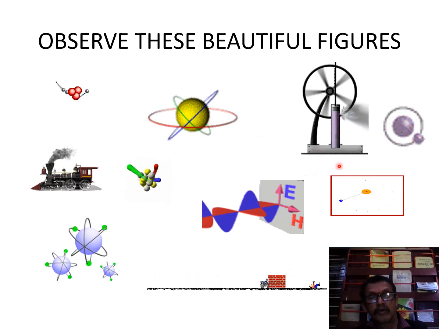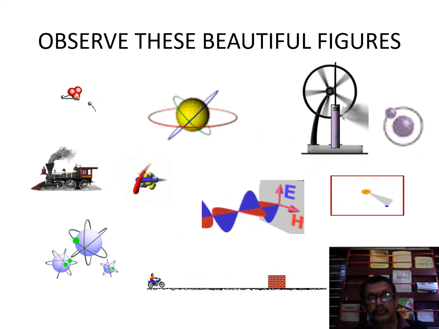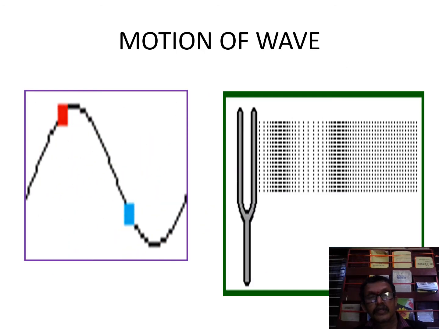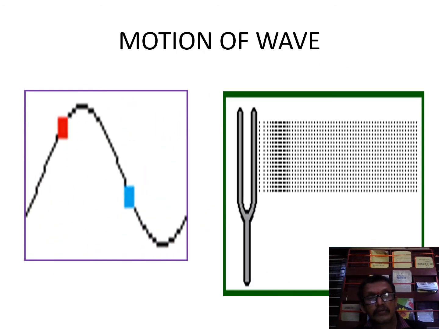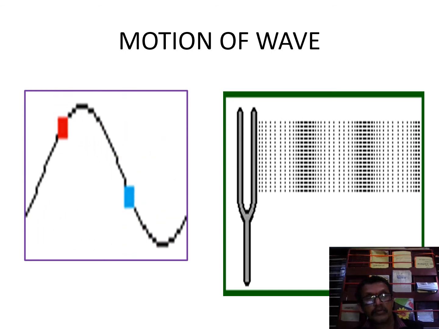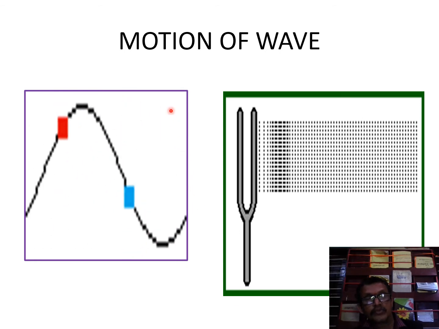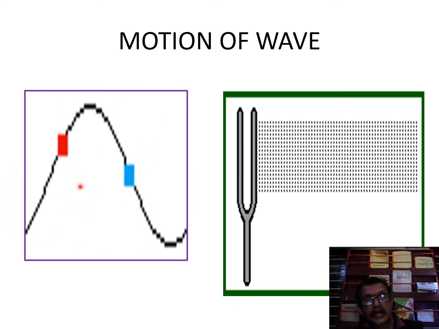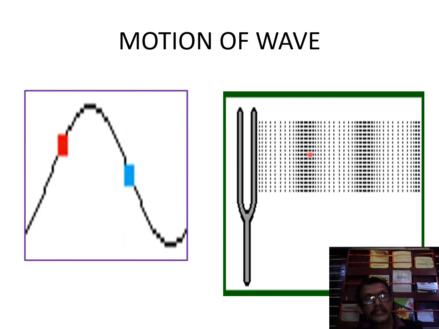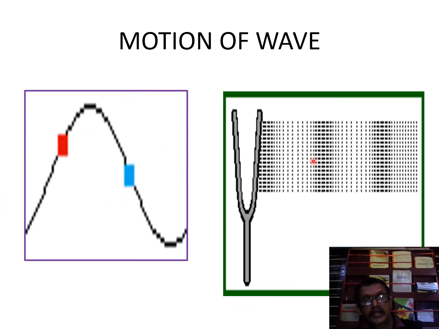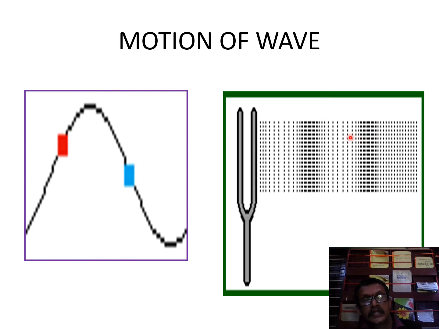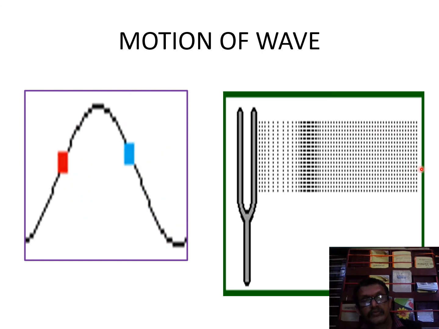Okay, now let us move further. Here you can observe the motion of the wave. Here are two types of waves. One is transverse waves. Here you can see how the particles move in transverse waves. In this figure you can see how the particles move in longitudinal waves.